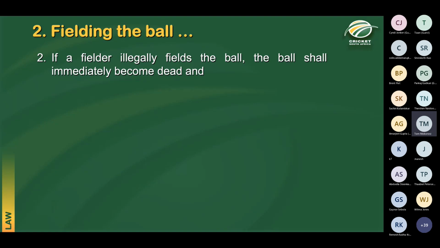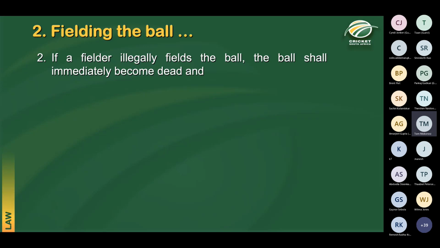There was an incident a couple of months ago where Babar Azam, captain of Pakistan, jokingly picked up a wicketkeeper's glove that had been discarded by the wicketkeeper and actually received the ball, the throw from the outfield. Because the wicketkeeper's glove does not belong to Babar Azam, he's not a wicketkeeper.